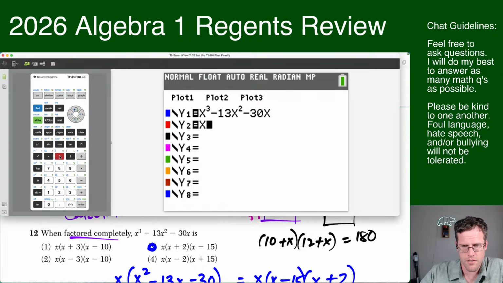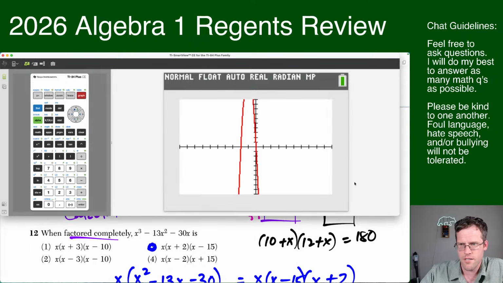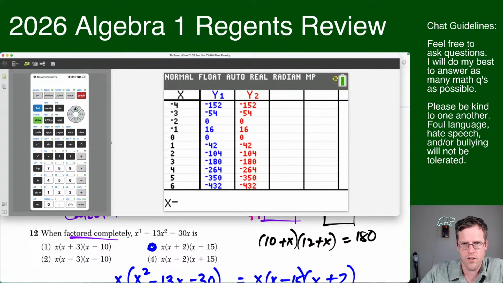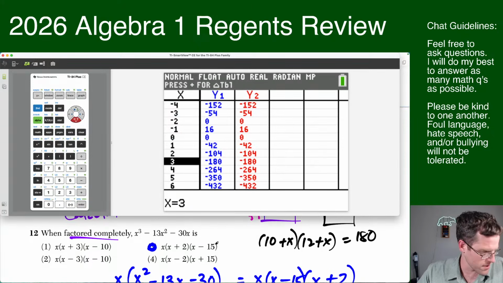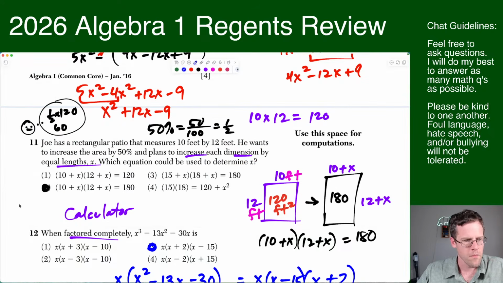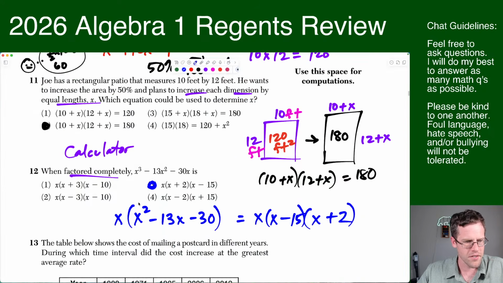And by the time I get to choice 3, I should have a match. So let's see. So we do this. See, they overlap. You could also press second graph and look at the table and say, hey, all the y values are the same for each x. So choice 3 is definitely good. All right.